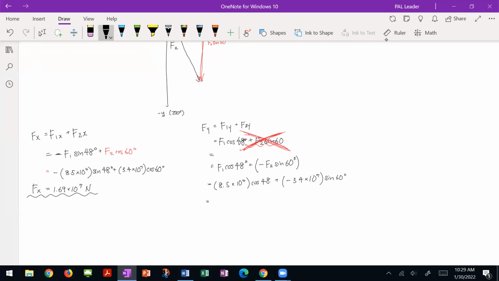Negative 3.4 times 10 to the power of 7 sine 60. Okay, I got an error. Why did I get an error? Oh, that's why. That still doesn't look correct. What am I doing? Hold on.